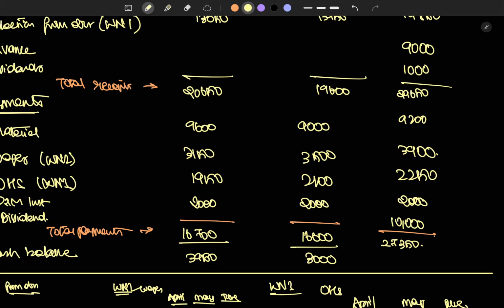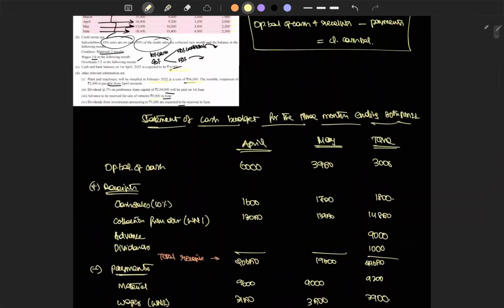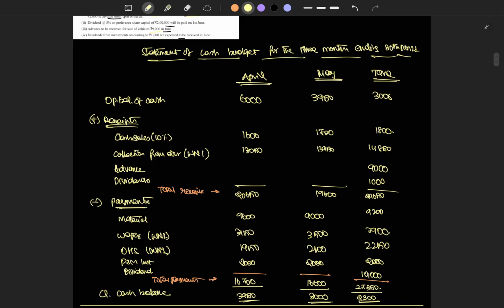Okay, which is 2300, right? Yes, this is how we need to prepare the cash budget using the functional method.